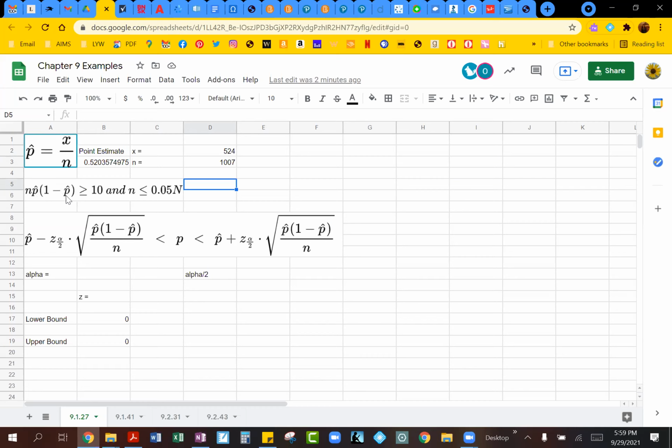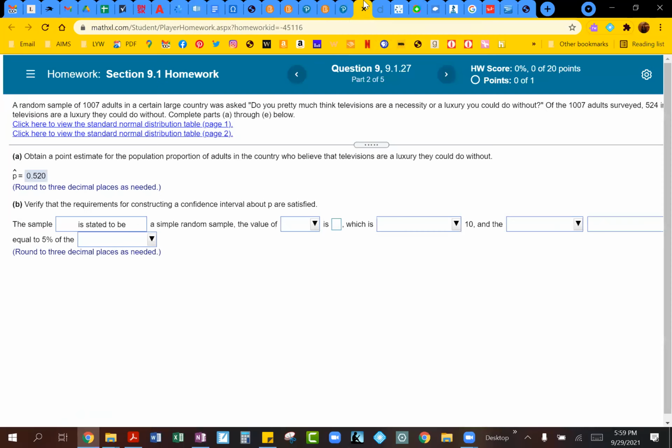And if that multiplication comes out to be greater than 10, and if we can say that our sample size is less than or equal to 5% of the population, then basically we can say, yes, we meet the conditions and we're ready to go ahead with these calculations.